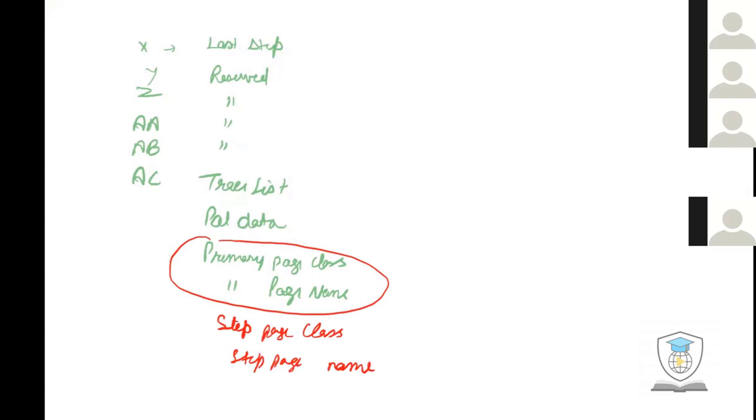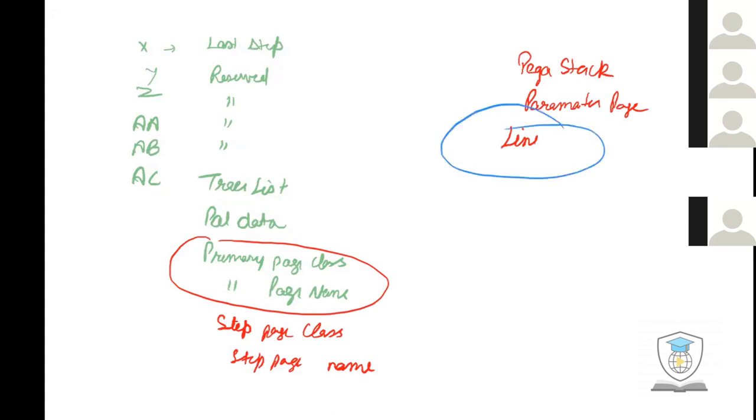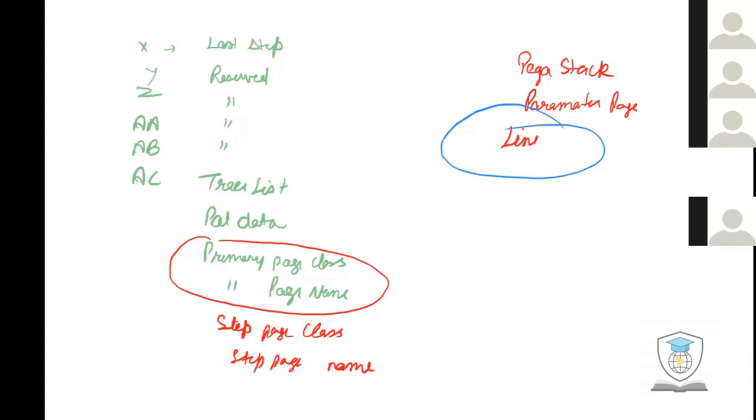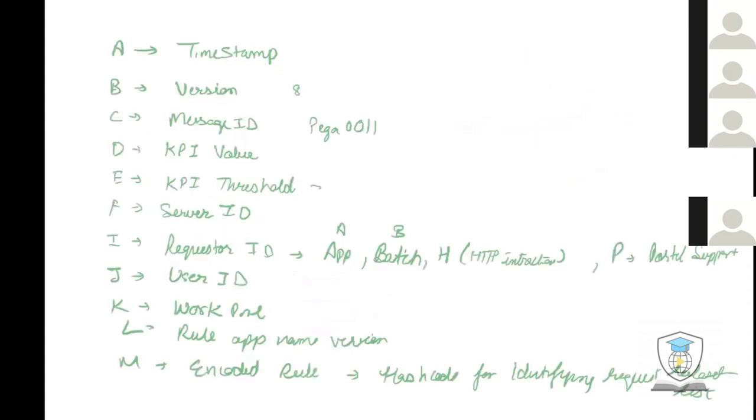Then we have Pega stack, parameter page, and line. Now this one is the description for the alert that is raised here. For you, what is important?